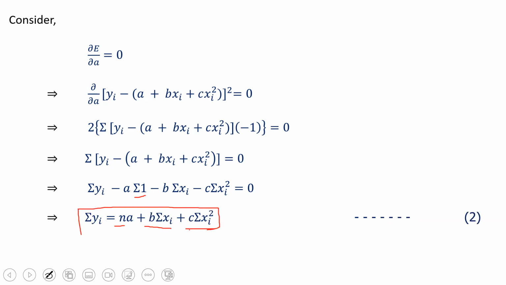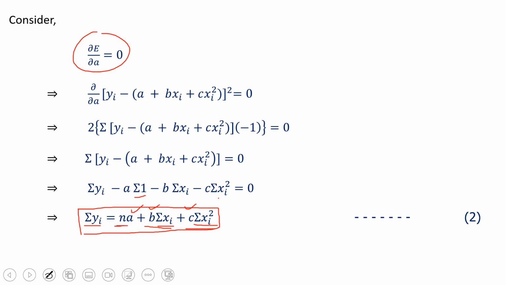So this is the first equation which we have obtained by solving the partial derivative of E with respect to a equal to 0. Just look here, there are three unknown quantities a, b, and c. The remaining terms, sum of yi and sum of xi square, will be given in terms of data.